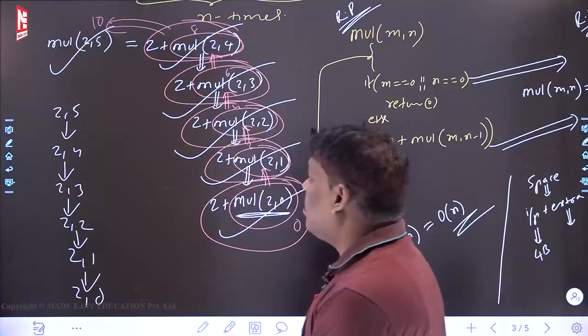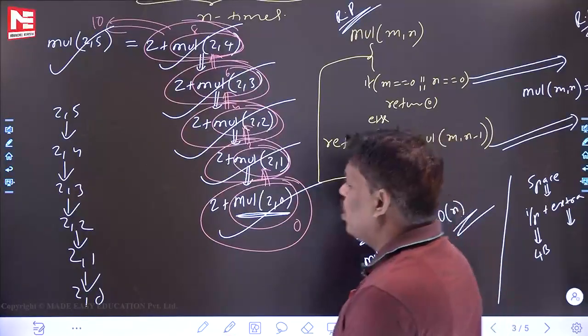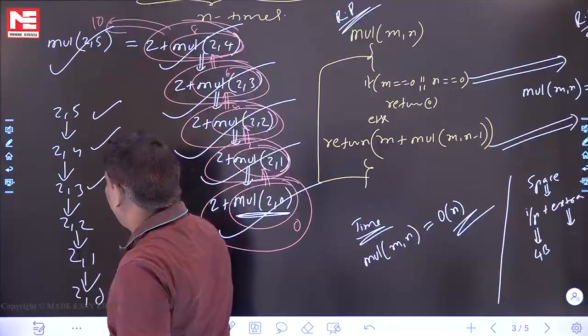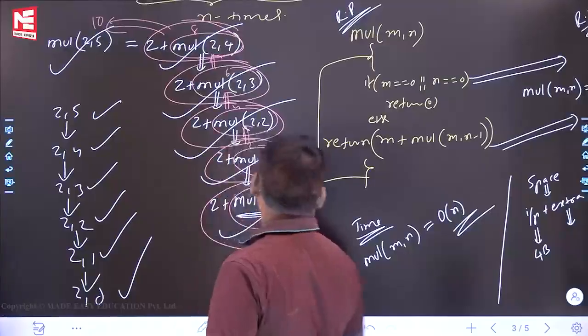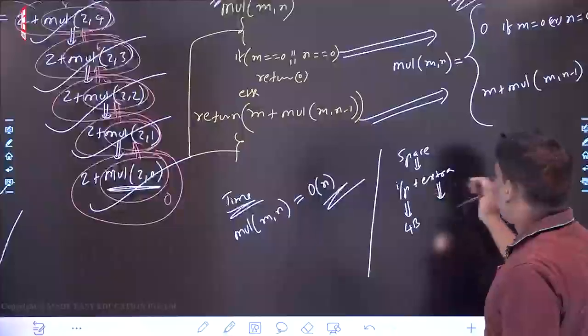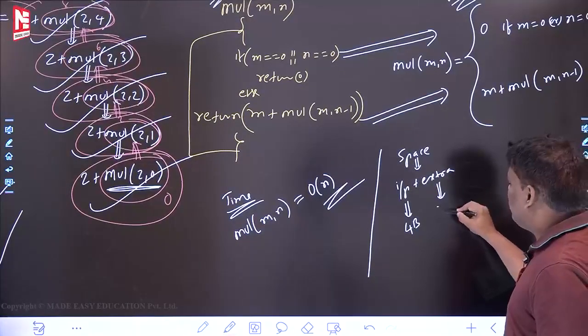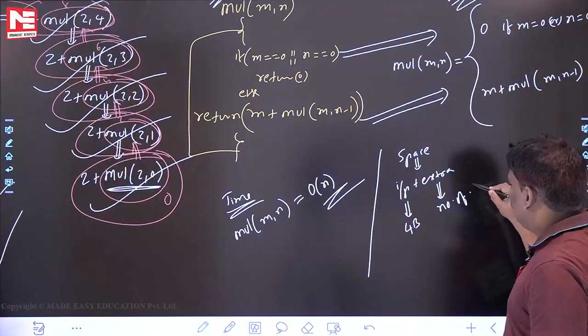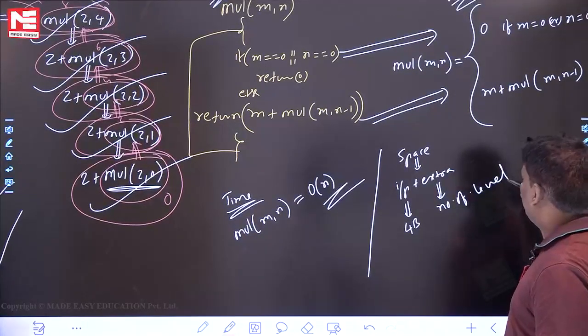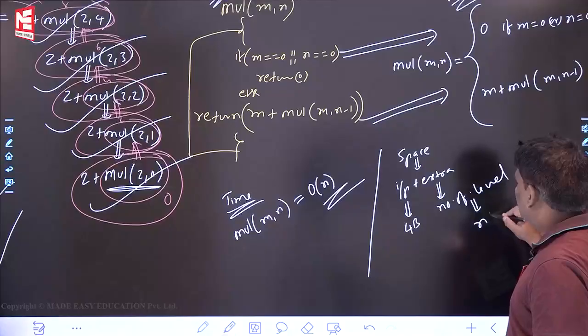Count. For m comma n with n value 5, how many levels? 1, 2, 3, 4, 5, 6 levels. So the stack space is the number of levels of the recursive tree required, which goes to n plus 1.